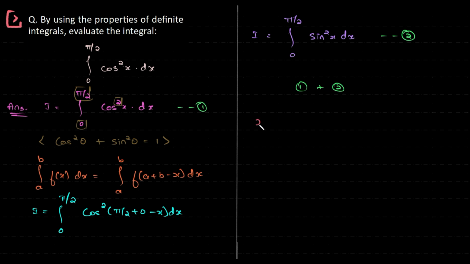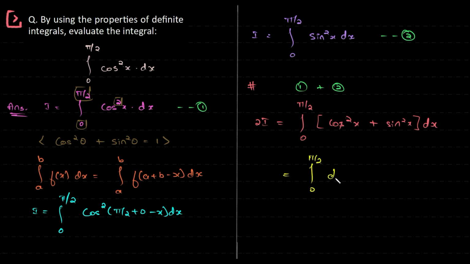So if I do that, 2I will be equal to the integration of 0 to pi by 2, and in both we have the same integration, is it not? So this is a property of integration, the distributive property. We have seen this.